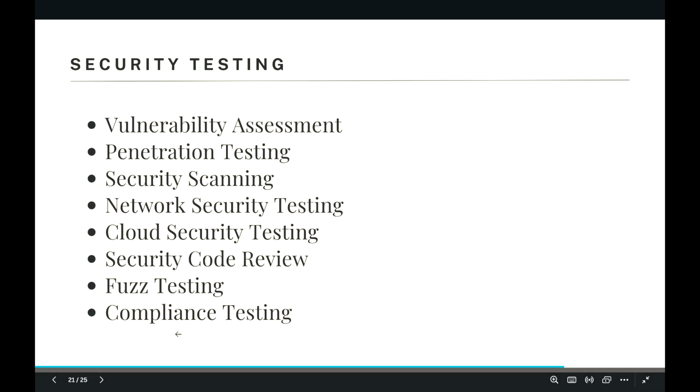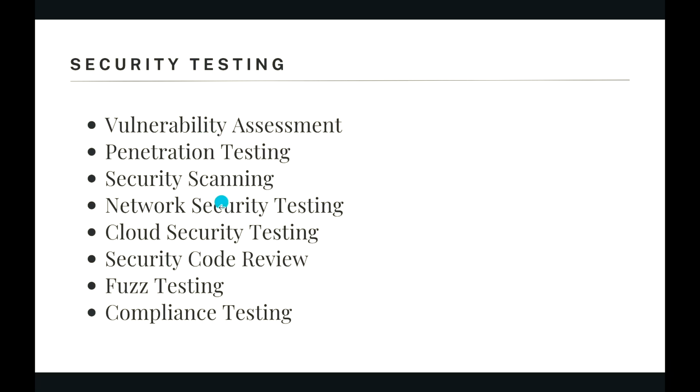Next, we are going to look at security testing. There are different types of tests to evaluate applications for vulnerabilities, weaknesses, and potential security risks. Vulnerability assessment involves scanning the application to identify weaknesses such as outdated software, misconfigurations, and unpatched vulnerabilities.